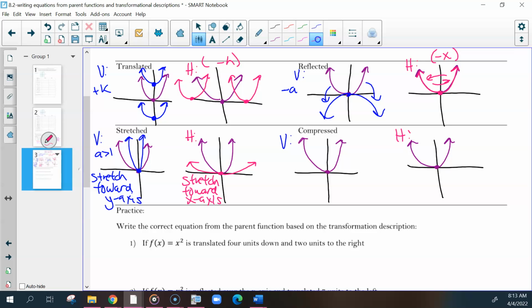And then your compression does the opposite of these two things. Vertically compressed gets wider. And this is where you would have 0 is less than A, which is less than 1, which really just means your A value has to be a fraction.